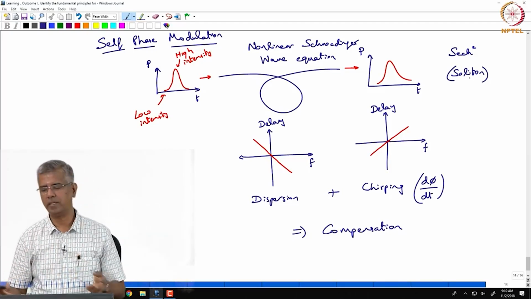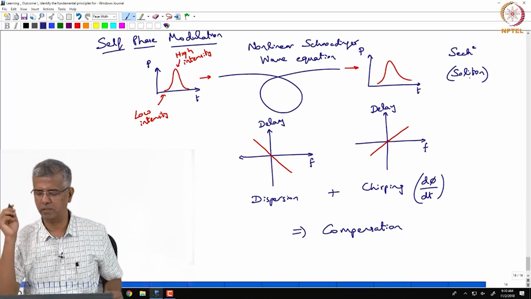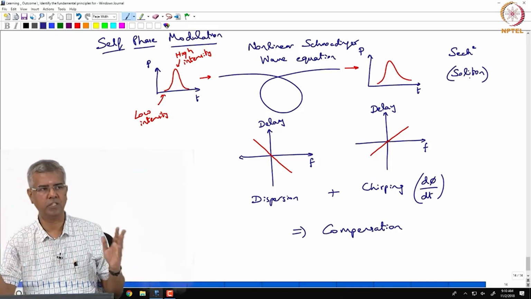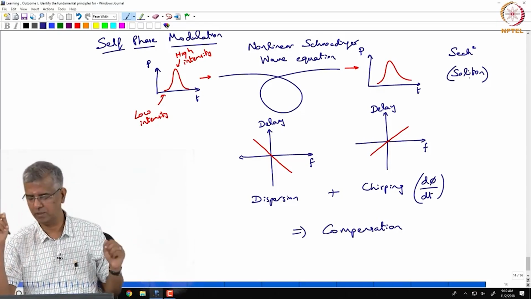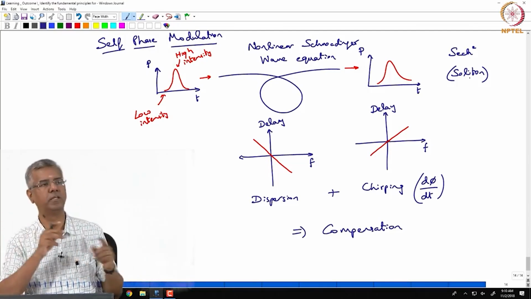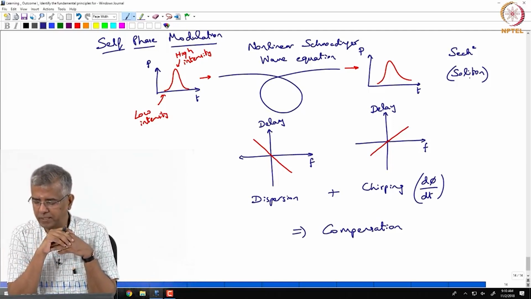So a soliton is essentially a solution for the nonlinear Schrodinger wave equation, such that dispersion and this nonlinear chirp are automatically compensated, so it retains its shape all along its propagation.